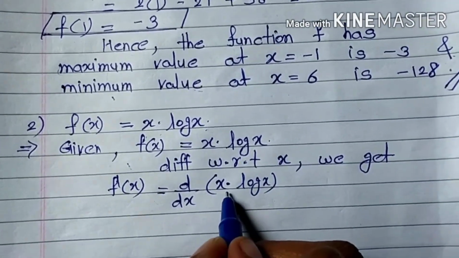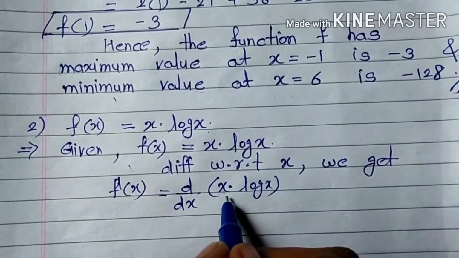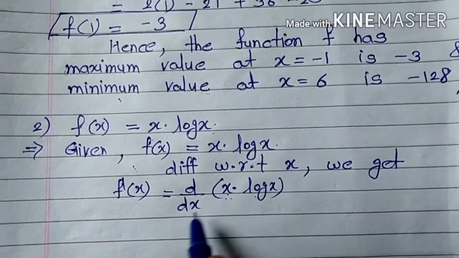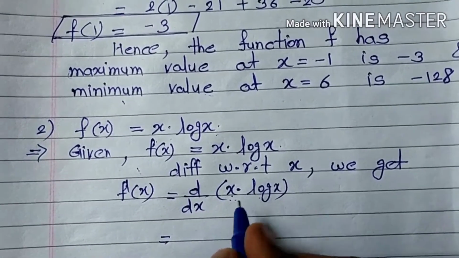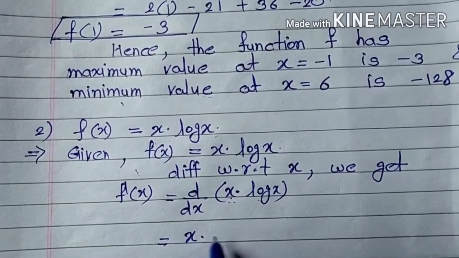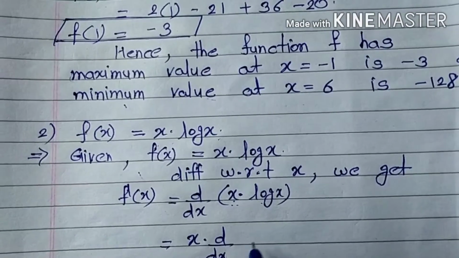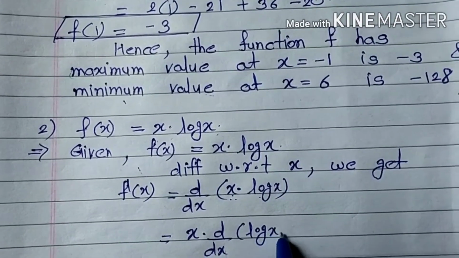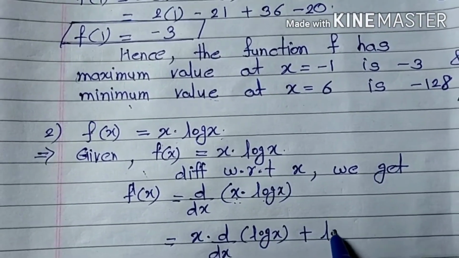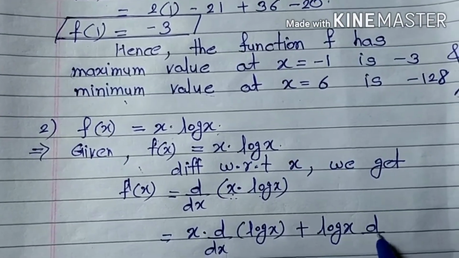Now you can see here it is the product and here we have to use product rule. So our product rule is first function as it is, derivative of second, plus second function as it is, derivative of first.